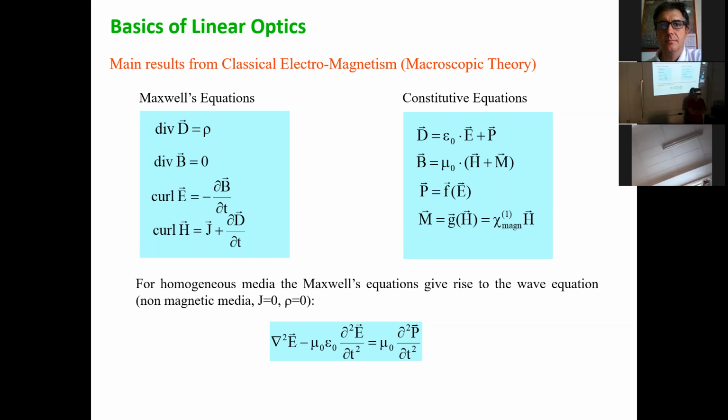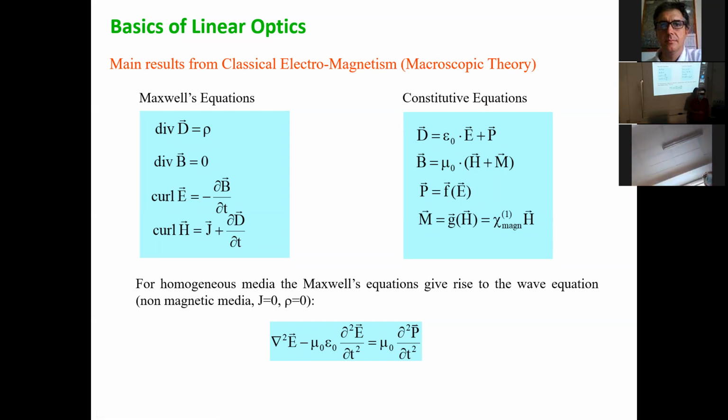So this is the normal time scale that you should keep in mind. It takes 10 years to pass from a theoretical discovery to its application on the market. Okay? Now, these four equations are complemented by the so-called constitutive relations.